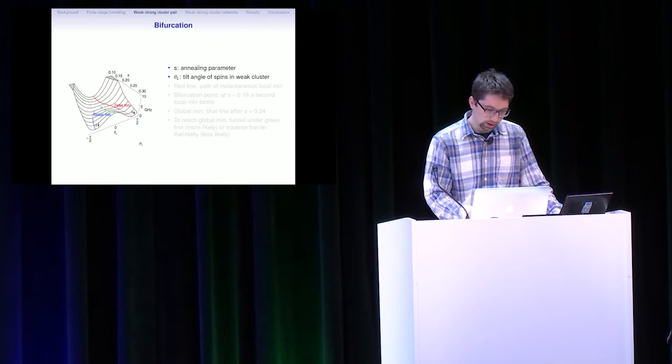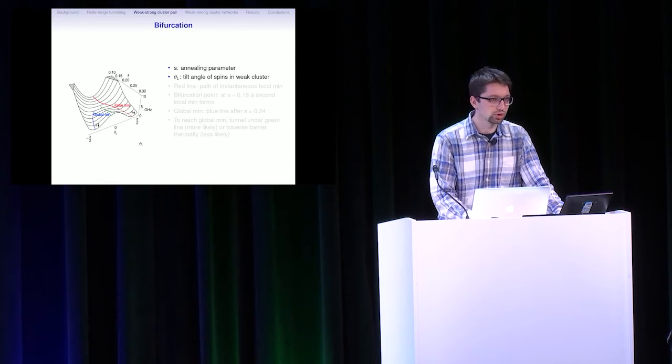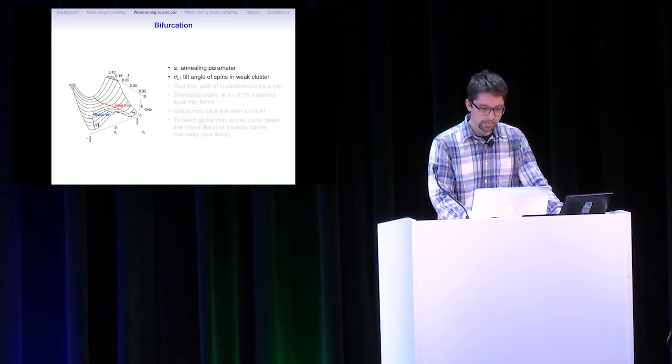So I'll go a little further, giving an intuition about how this problem works. This is a plot of the mean field potential of the weak-strong cluster pair, with the axis being S. This one axis is the evolution parameter from beginning to end. This axis gives the tilt angle of spins in the weak cluster.